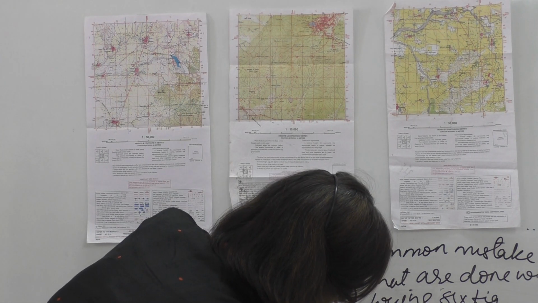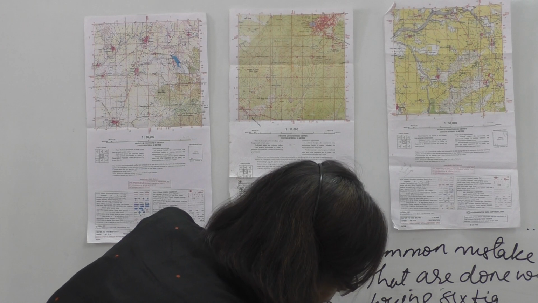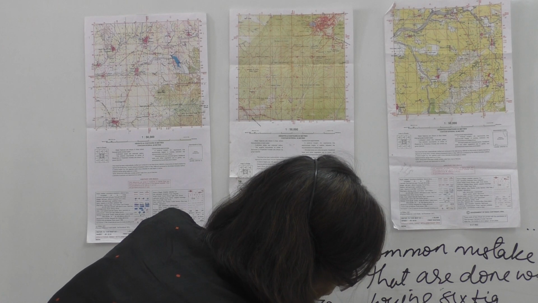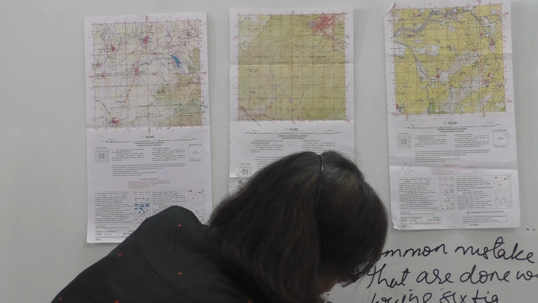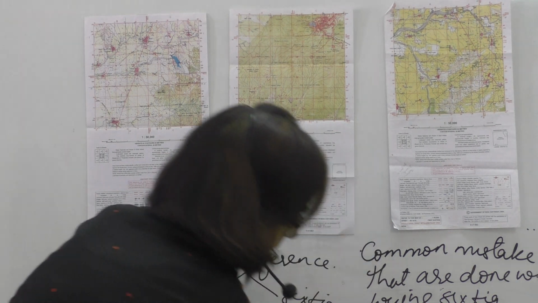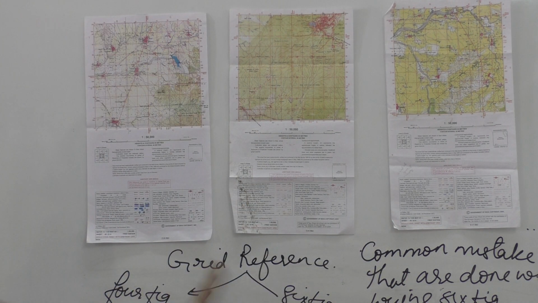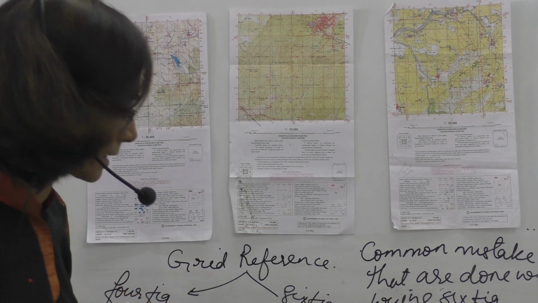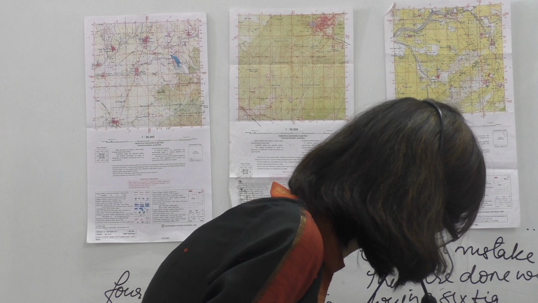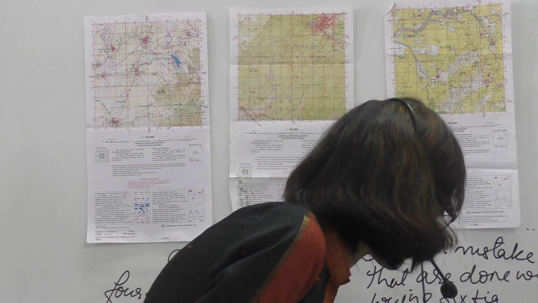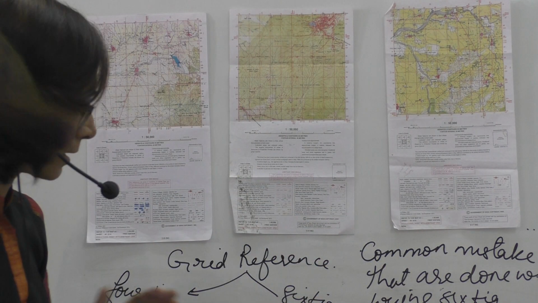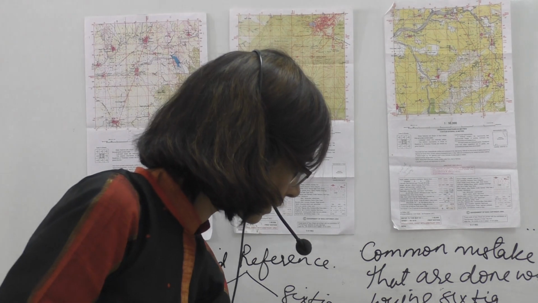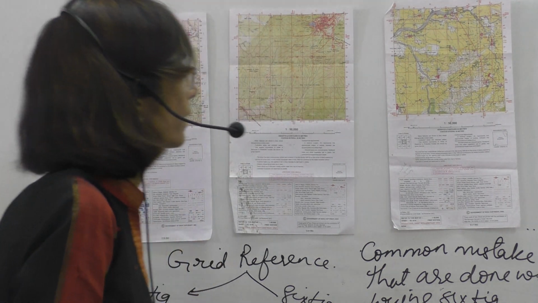Then write the northing value 0, 2, 1, 2, 3, 4, 5. Fourth line. 4 and 5 both will be given correct. But do not make this mistake of writing it from the top or counting it from the right. And your value here should be correct.